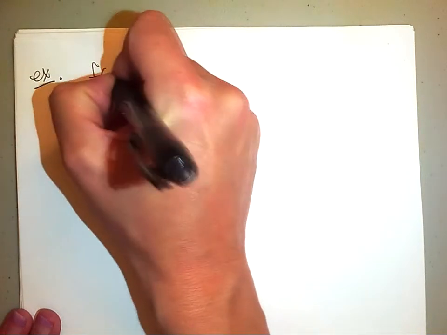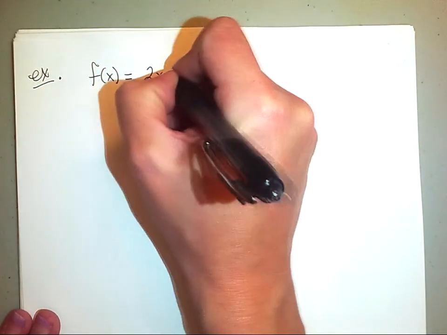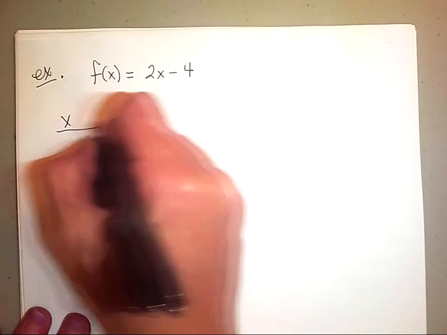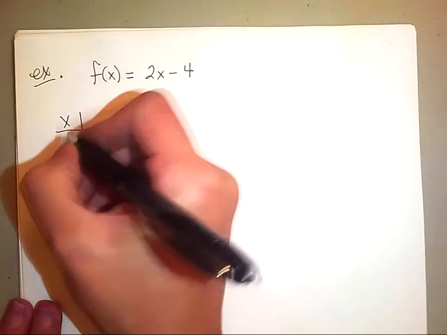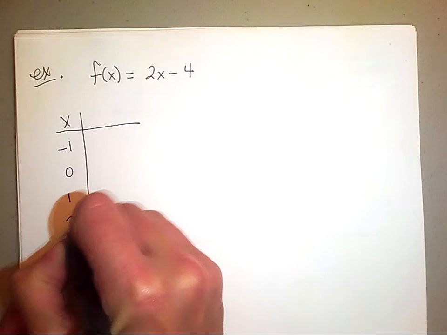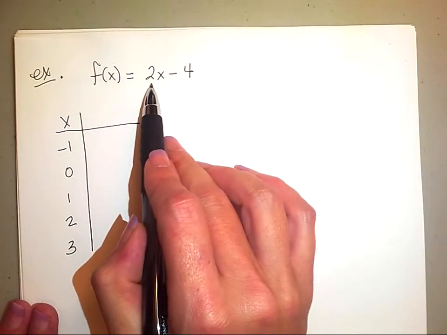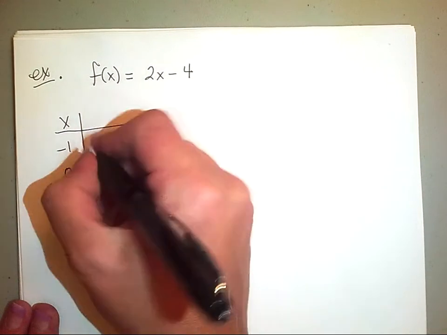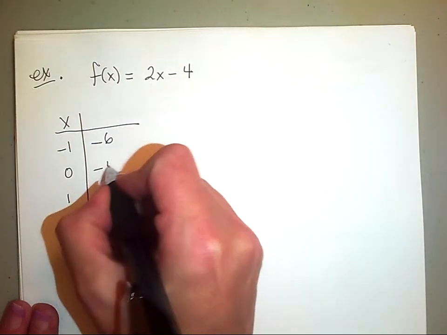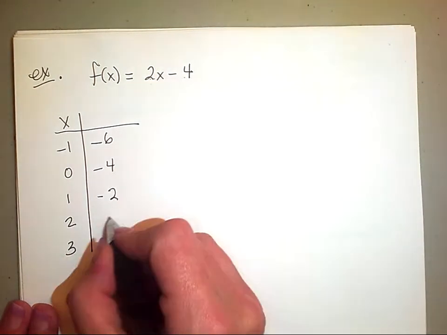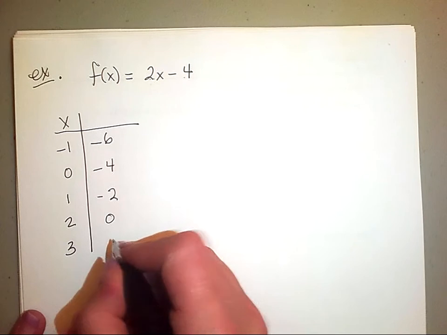Let's say, for example, our function is a simple linear equation, 2x minus 4. If we made a table of values for this, looking at x values of -1, 0, 1, 2, and 3, and put them through here, we would get -2 minus 4 is -6, 0 minus 4 is -4, 2 minus 4 is -2, 4 minus 4 is 0, and 6 minus 4 is 2.